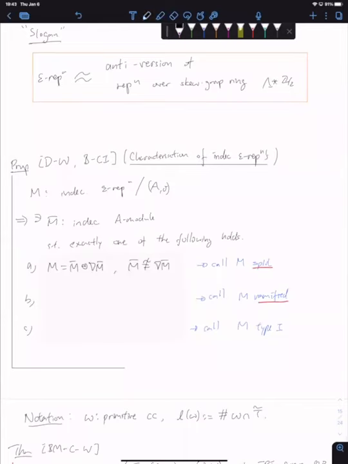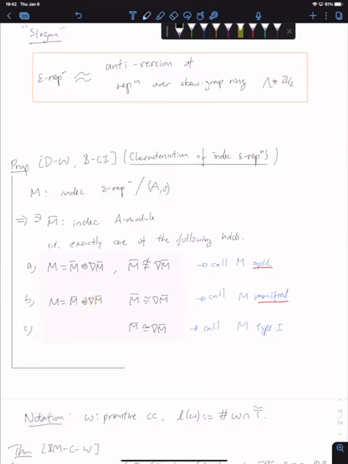The second and third cases correspond to the case when your indecomposable factor is self-dual. The first case, ramified, is just taking two copies of the same thing, but really you're applying this contravariant functor first and then taking them together.